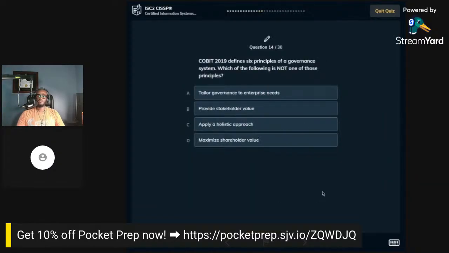COBIT 2019 defines six principles of a governance system. Which of the following is not one of those principles? Oh wow, I didn't see this one coming.